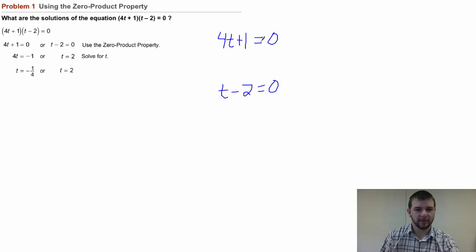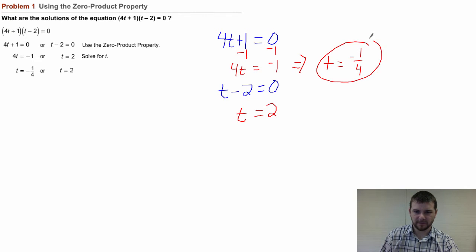So we can solve by setting up two equations, 4t plus 1 equals 0 and solving for t. Subtracting 1 from both sides, we get that 4t equals -1. Dividing both sides by 4, we find that t equals -1/4. In our second equation, adding 2 to both sides, we find that t equals 2. So one of our two solutions is t equals -1/4, and our other solution is t equals 2.